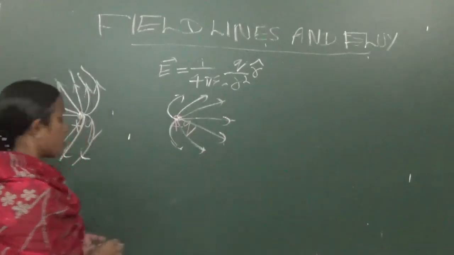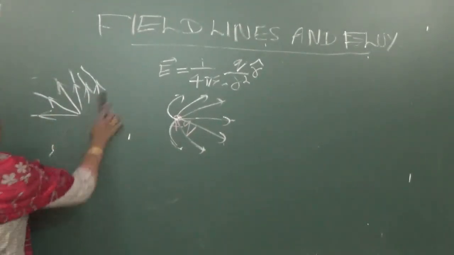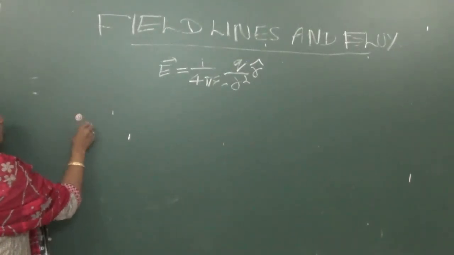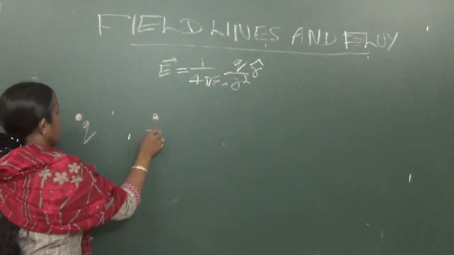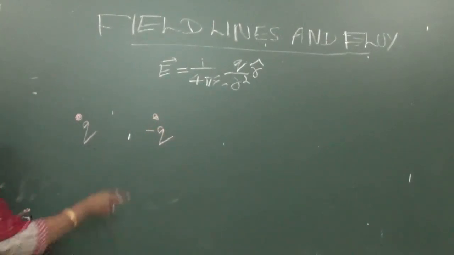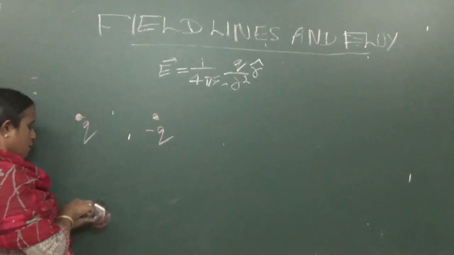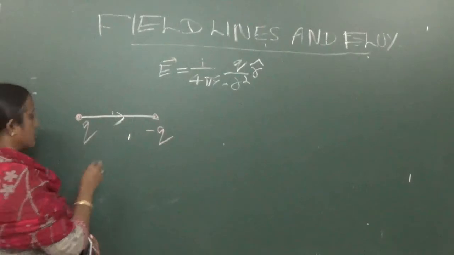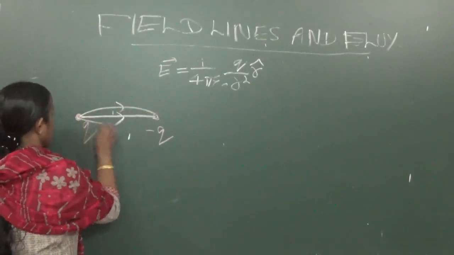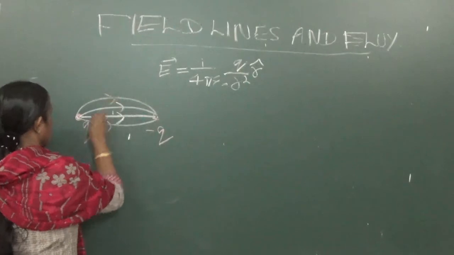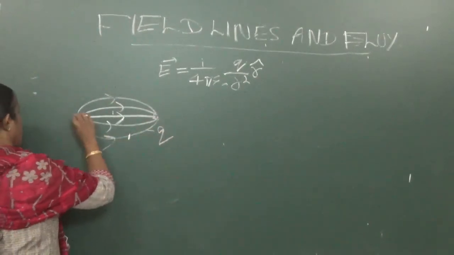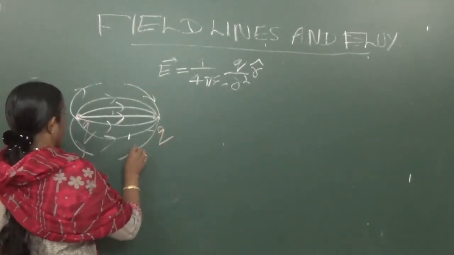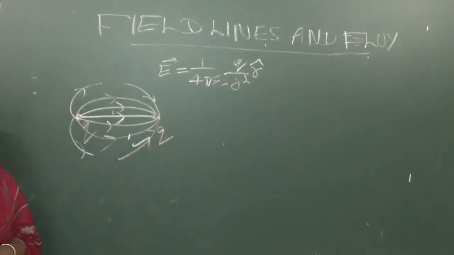Okay, so if there are a positive Q and a minus Q like this, plus Q and minus Q, the electric field line starts from this positive charge and moves to this negative charge like this. Okay.